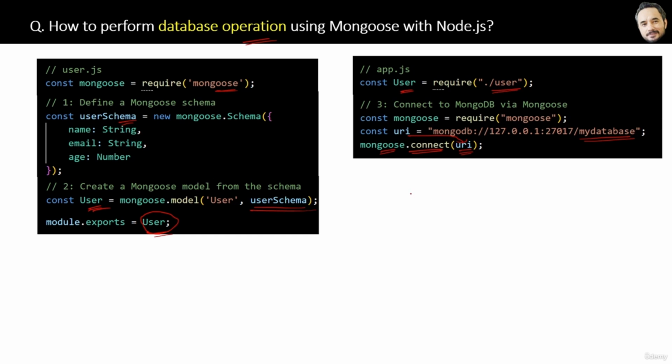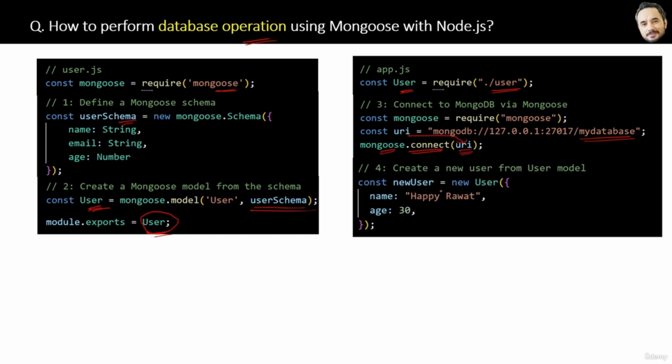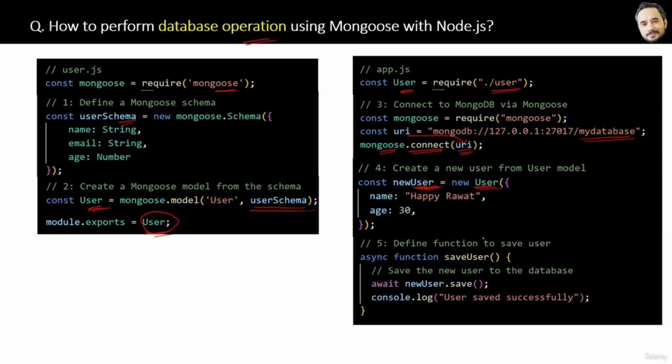Now listen carefully. The next step is to create a new user instance like this from the user model. Remember, instance and objects are the same things, but mostly we will use the word instance here. Okay, great. After that, use the save function of this new user instance to save or insert the above user document inside the MongoDB database.